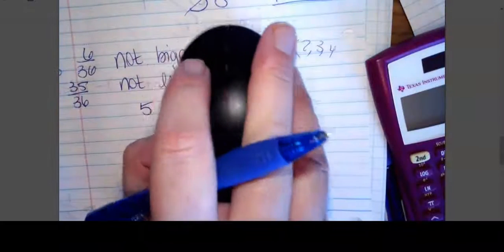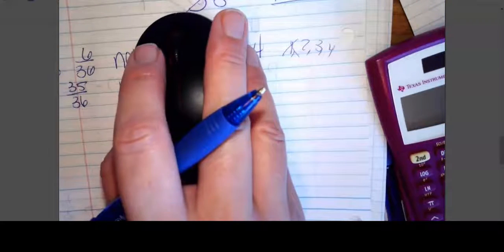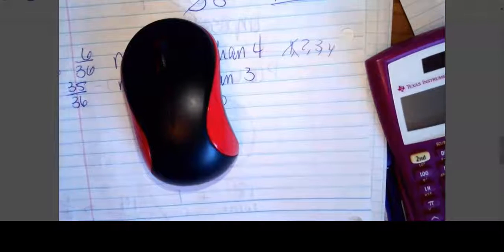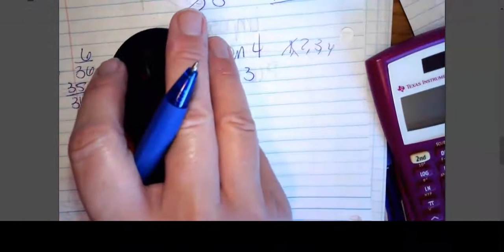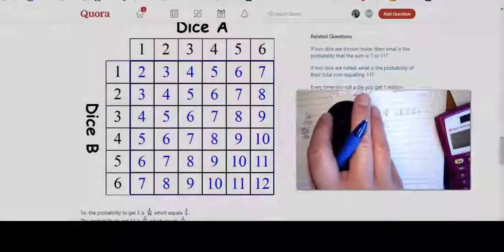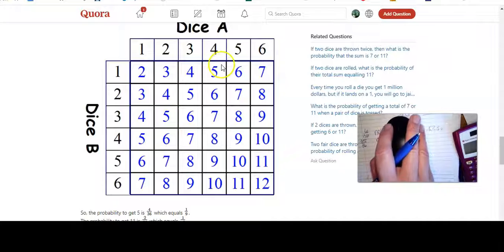I want this sum to be between 5 and 10, and it says exclusive, which means don't use the 5 and don't use the 10. So when I look at this, I can't use this row, or this diagonal, but I can use this. 1, 2, 3, 4, 5, 6, 7, 8, 9, 10, 11, 12, 13, 14, 15, 16, 17, 18, 19, 20.